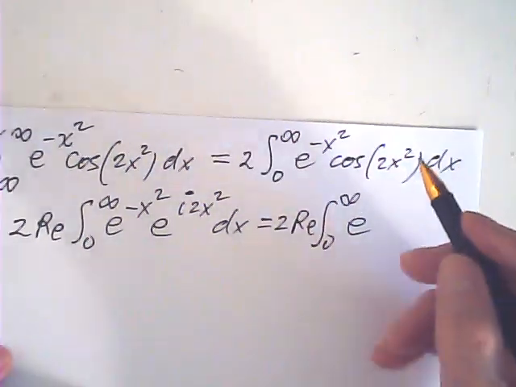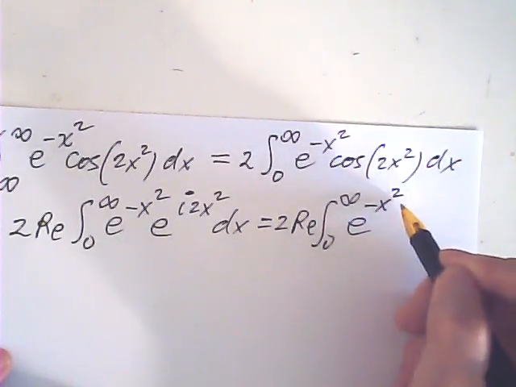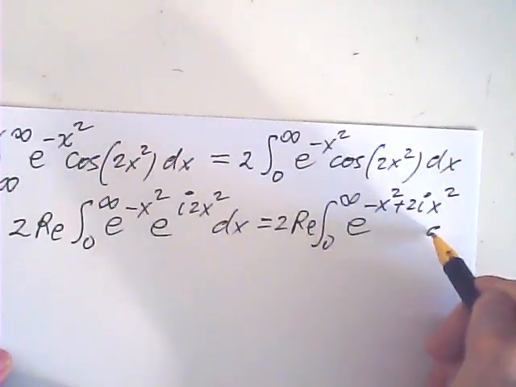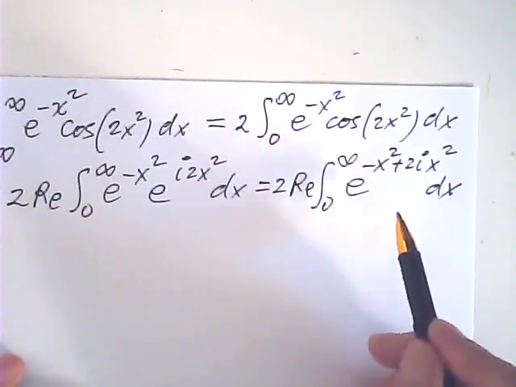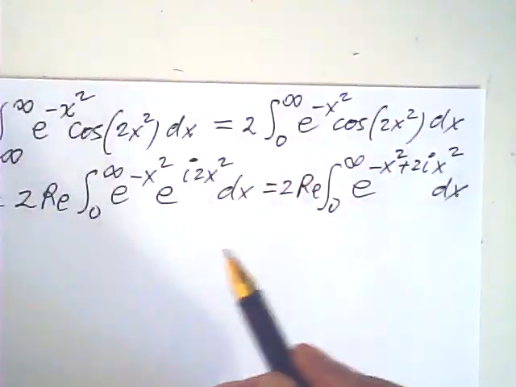e to the negative x squared plus 2i. Now for the Gauss integral, I must combine them as something squared.